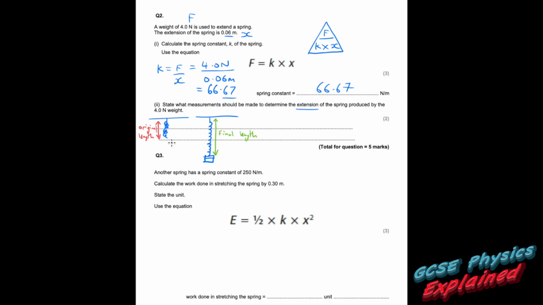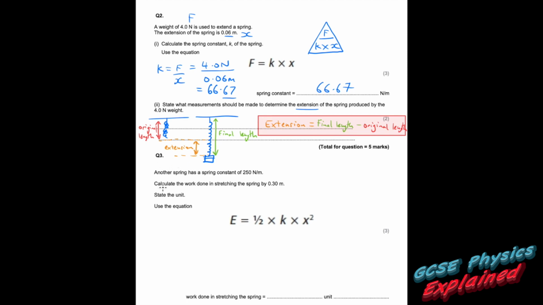And then to get the extension, it would be just that there. So the final length, take away the original length, and that'll give us the extension. And that'll get 2 marks there. So you just literally needed to put this. You didn't need to put any other pictures.